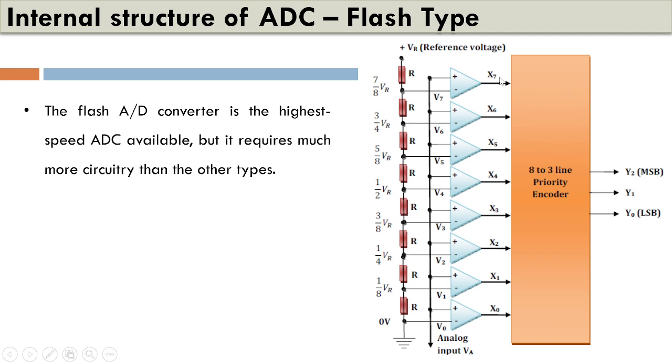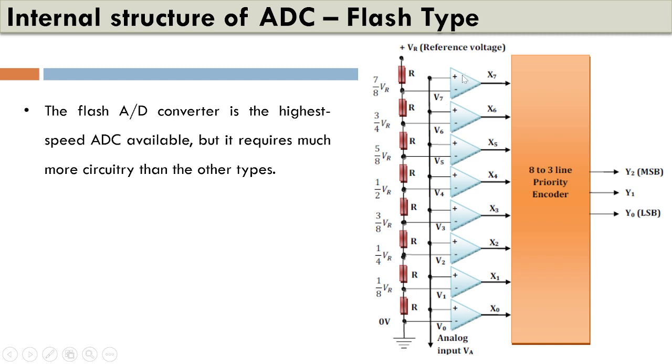Here we can see the inputs are connected to comparators, which are constructed out of operational amplifiers. Again, they are connected in open loop configuration. So there are eight comparators, right from the first one connected to x0 to the eighth one, which is connected to x7.